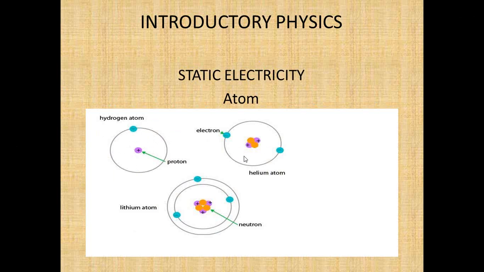So you can see that these are electrically neutral elements because they contain the same number of protons as electrons. The electrons are negative, protons are positive, so if you have an equal number, they're going to be electrically neutral. And then your lithium has 3 protons and 3 electrons. The electrons are in these electron shells which rotate around the nucleus. The nucleus is densely packed.